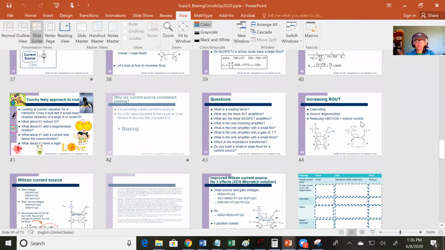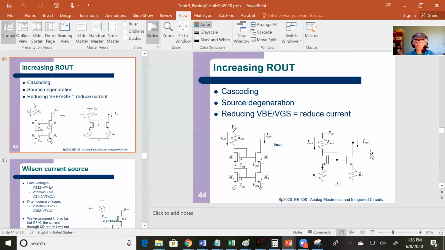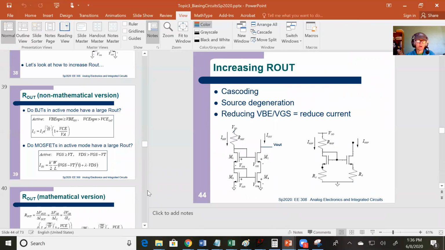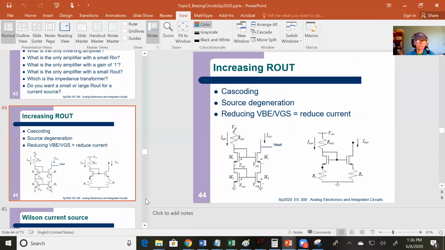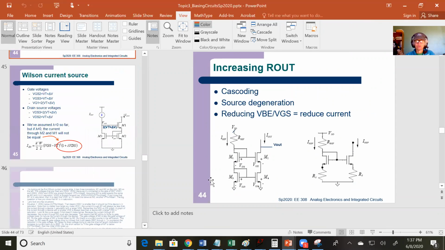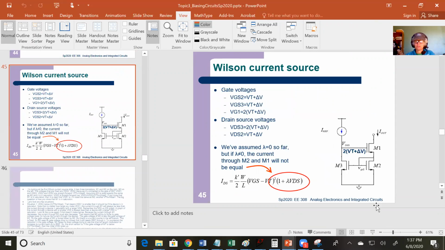Okay, another type of current source that is well known is the Wilson current source. And though Mike Wilson is really smart, it's from before his time. And the Wilson current source, what it does is it kind of cascades.